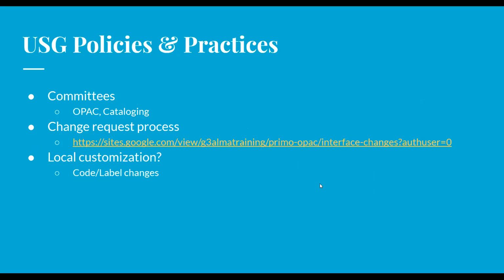Exactly. That helps us determine what needs to be done, what priority it needs to be, and lets us keep track of the whole process. We do also have the ticketing system, which you can also use for some of the smaller things.